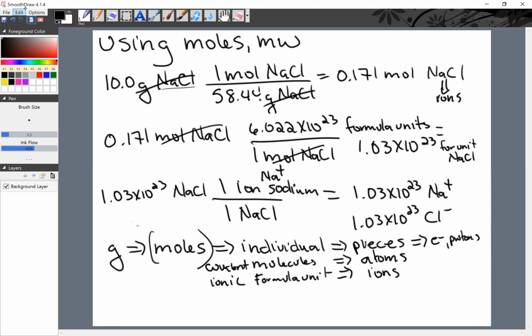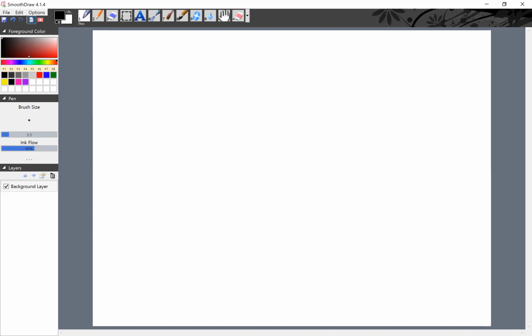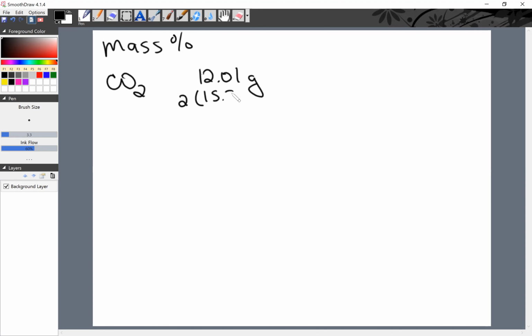Last thing I need to show you before we go on is mass percent. Now we could also do mole percent, but for instance, if we have carbon dioxide, carbon weighs 12.01 grams per mole, and oxygen each weighs 15.99 grams per mole.